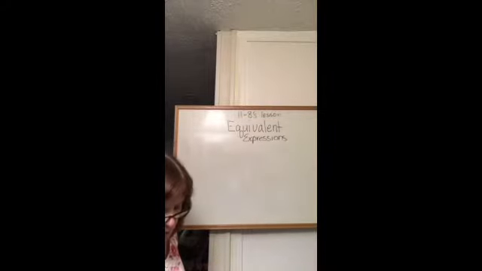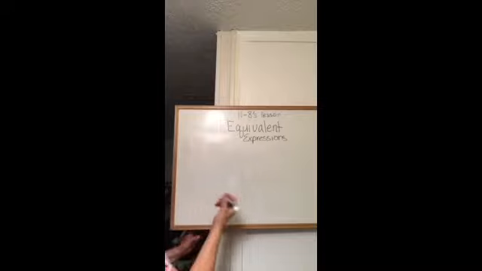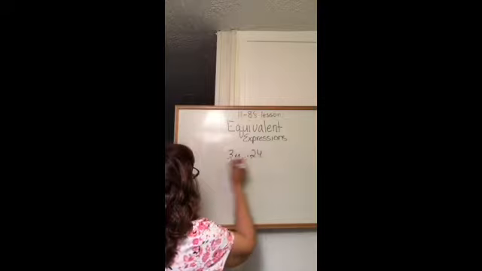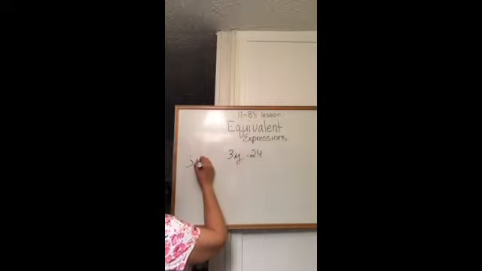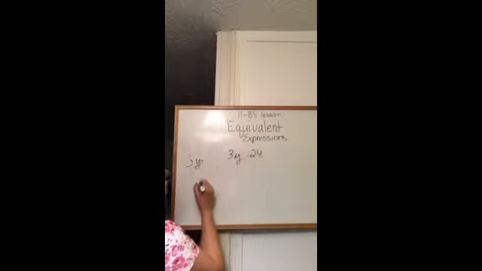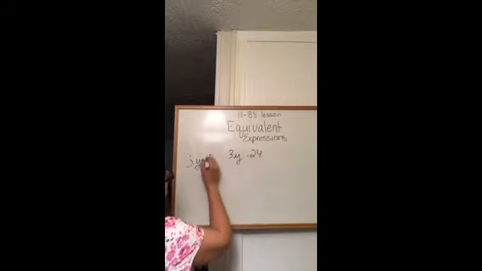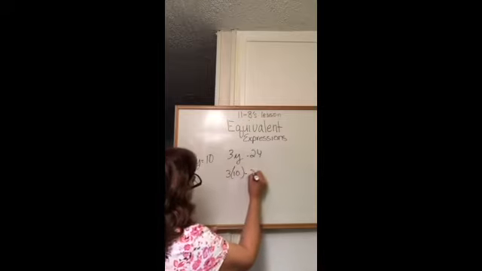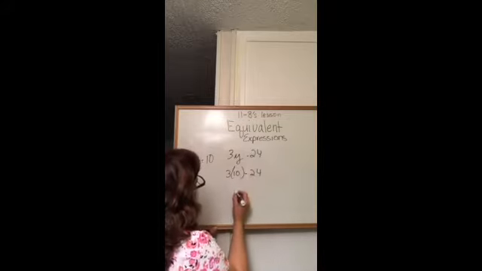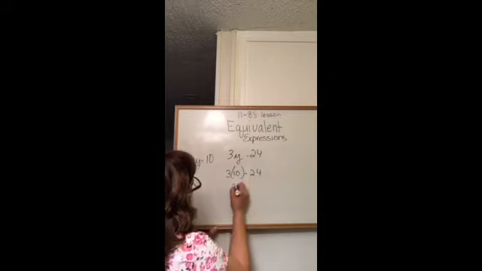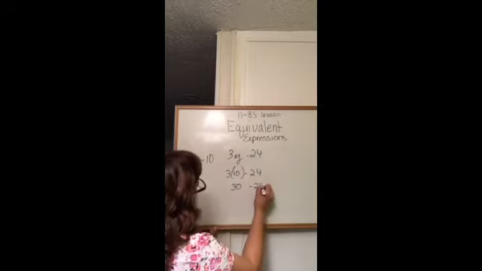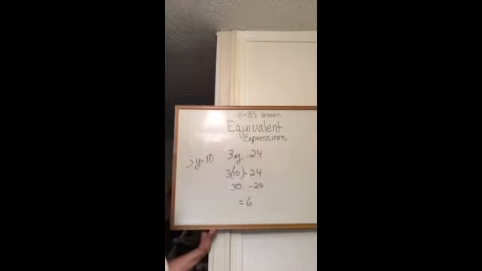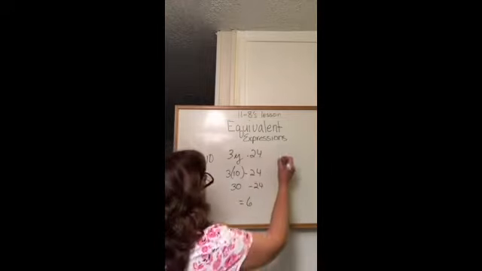Let me show it to you. 3y minus 24 and put in a different value. 3y minus 24, this time when y is equal to, I don't know, let's say 10, okay? So now we're going to have 3 times 10 minus 24. Now we get 30 minus 24, and so our answer actually is 6. Let's try it a different way.